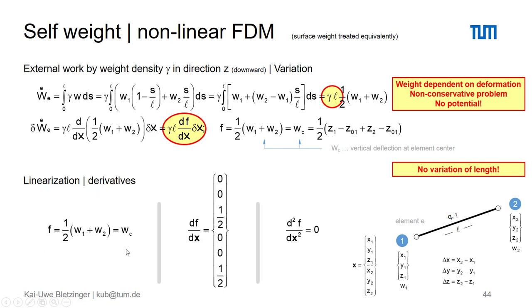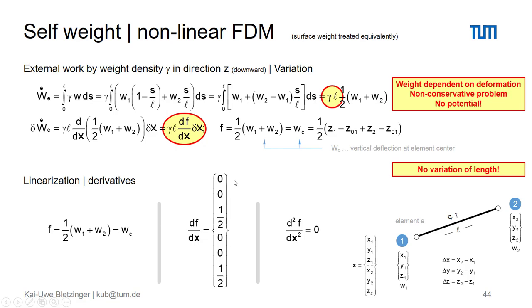Taking the variation of F, in particular the derivative with respect to our free coordinates, we may collect these element-wise, again in a vector of the nodal coordinates for node 1 and node 2. And that means we can also collect the derivatives of F with respect to these variables, again in a vector, which element-wise has 6 entries.